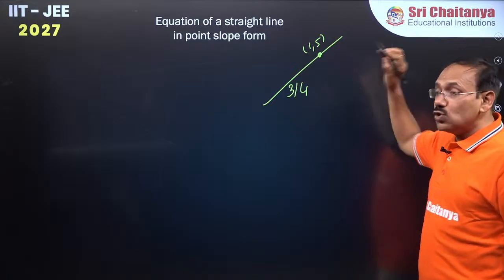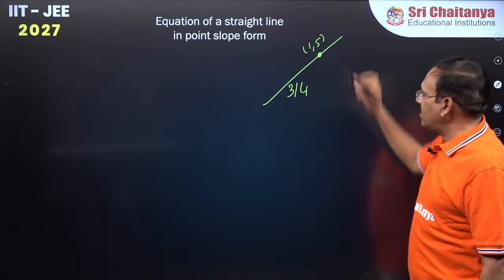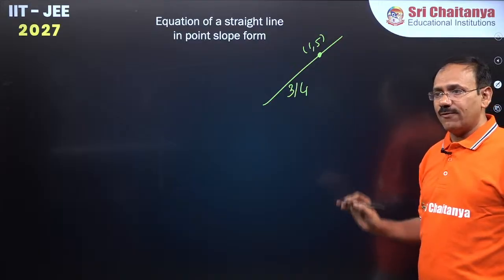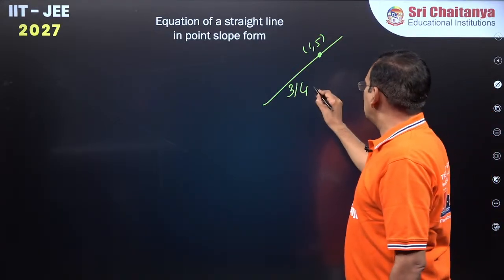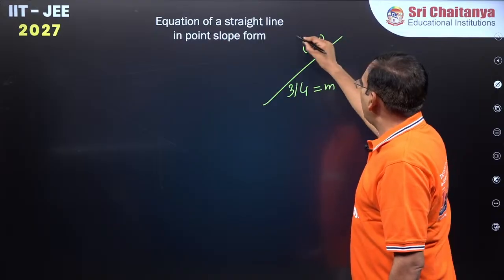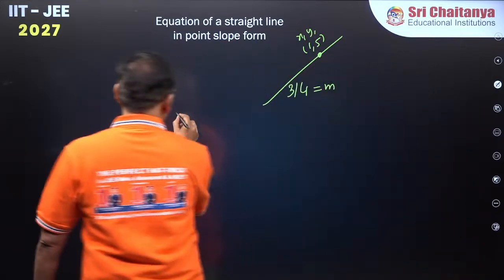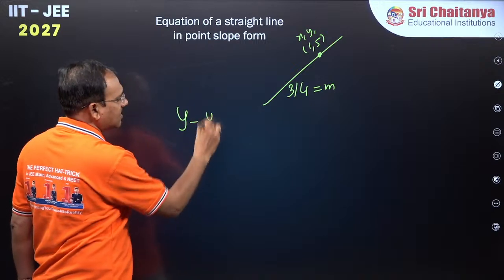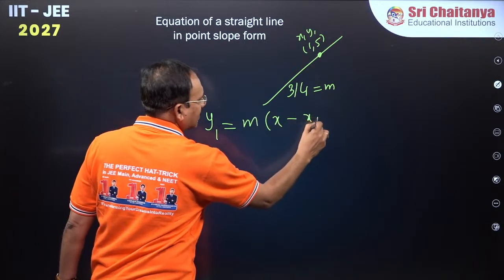Right, dear students. Now, suppose you want to find the equation of a line passing through the point (1, 5) and slope 3 by 4. Generally, the formula you know well: slope you take as m, point you take as (x1, y1). The equation of the line is y minus y1 is equal to m into (x minus x1).